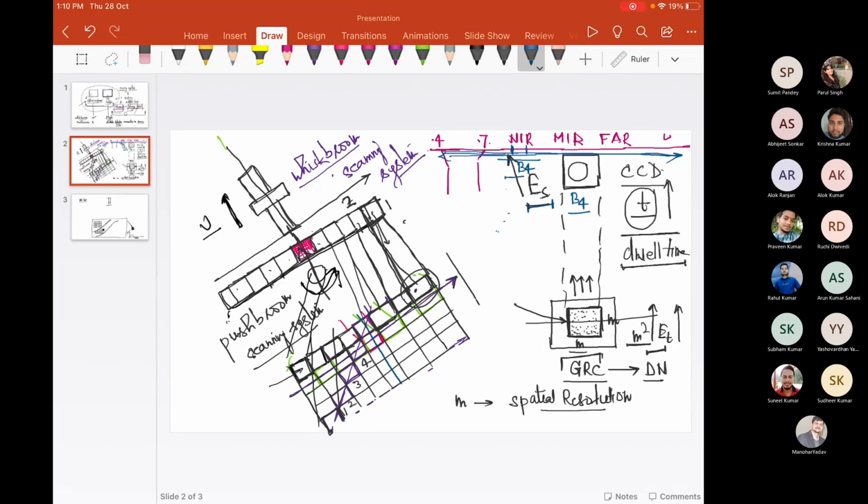Let's say it is for band B4 and it is in an IR band. The B4 range I'm talking about is lambda 1 to lambda 2. If we take the difference between these two, lambda 2 minus lambda 1, this is delta lambda. Delta lambda is actually the bandwidth of this band B4.